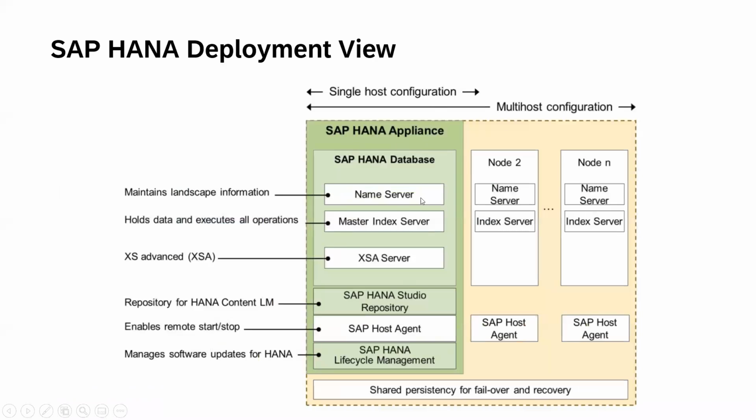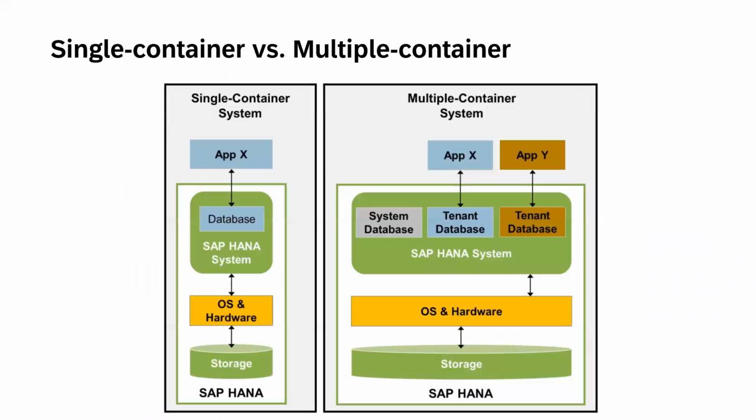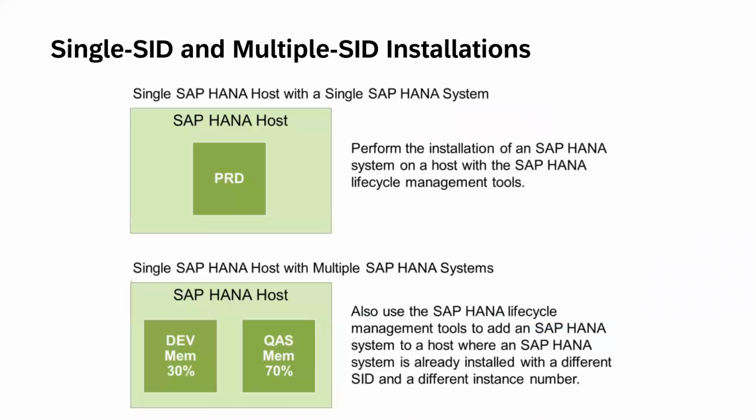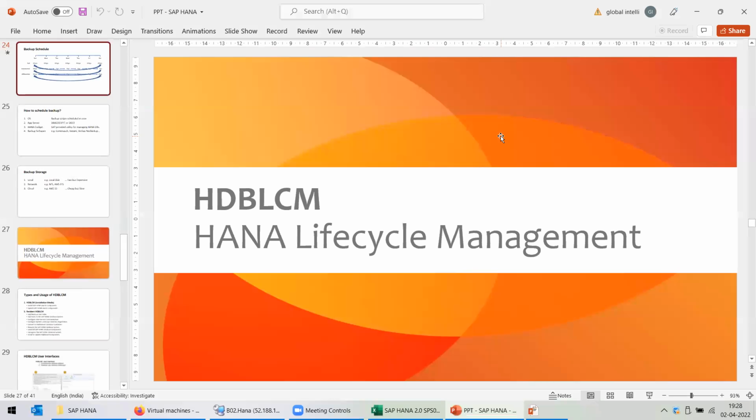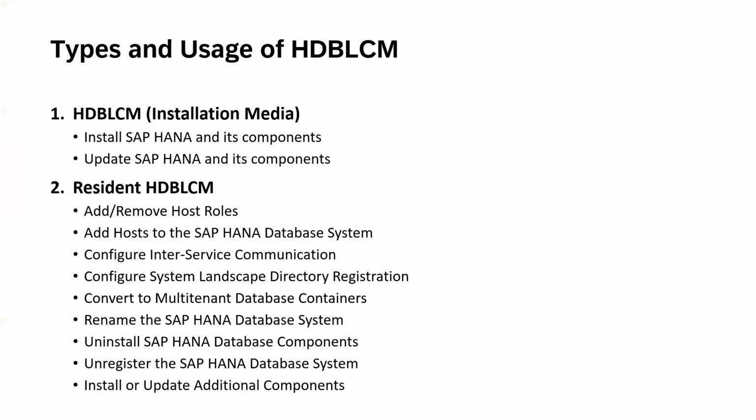This server, the green box, is the primary server, and the other servers are also called standby or worker nodes. So from this HDB-LCM, you can add a new host to your server, or you can remove a host. You can add and remove host roles in your existing setup.